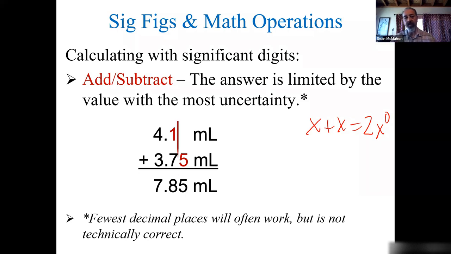The hundredths is more precise. You could even draw a line. The problem with drawing a line is you always have to align everything. So what I just say is just remember the precision, the placement value. So this number should go to the tenths, not the hundredths. So what do I do? 7.9. Now this upsets people, but don't let it. It's just how it is.